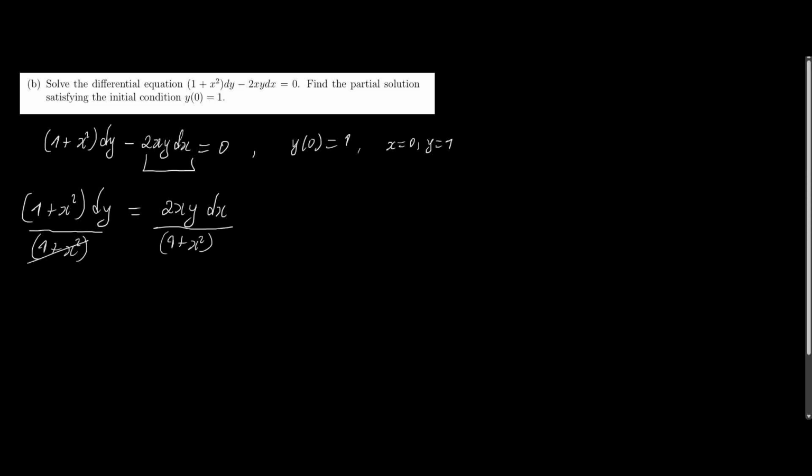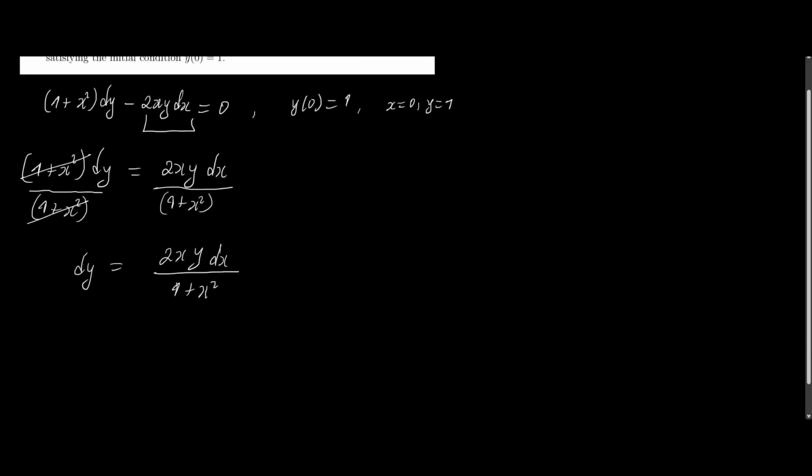So this is going to cancel. We'll be left with dy equals 2xy dx divided by 1 plus x squared. We notice that on the left hand side our function is in terms of y, but on the right hand side it is in terms of x and y. We don't want that.